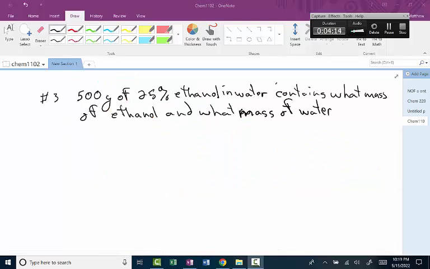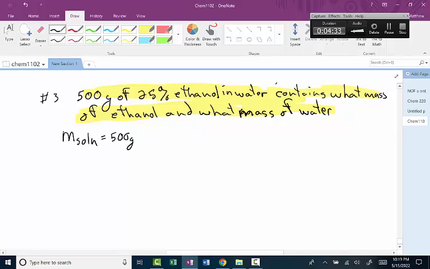Okay, not too bad, and I'll set up problem number 3. So here's my third problem. 500 grams of 25% ethanol in water contains what mass of ethanol and what mass of water? So again, I start writing everything down. The mass of solution equals 500 grams.